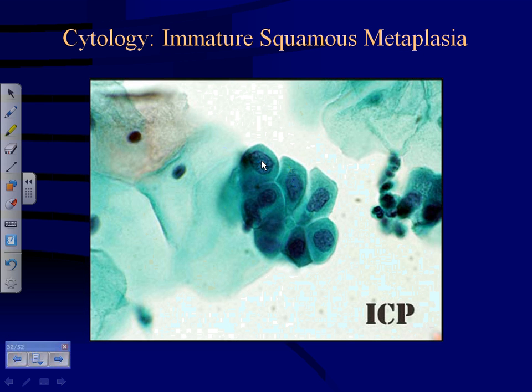In fact, sometimes the nuclear size can be anywhere from that of a normal endocervical nucleus up to one that's 1.5 to 2 times bigger than a normal endocervical nucleus, but they do show some variations in nuclear size, and we'll talk about that in the next lecture in a little bit more detail. But I just wanted to show you an example of immature squamous metaplastic cells.